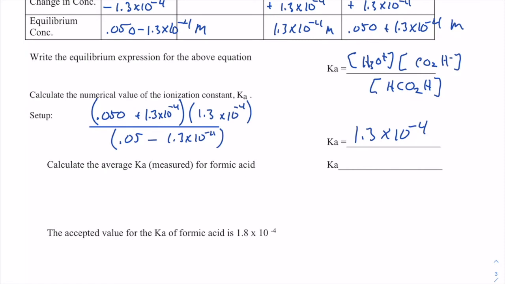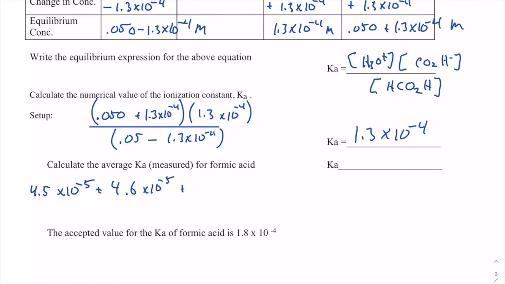So let's calculate the average Ka from these 3 experiments, because it's a constant, so it should be the same. So let's take a look. We had, in the first case, 4.5 times 10 to the minus 5th. And then the second time it was 4.6 times 10 to the minus 5th.